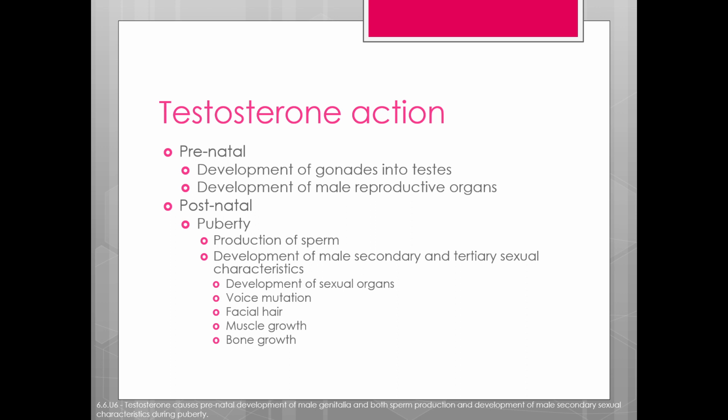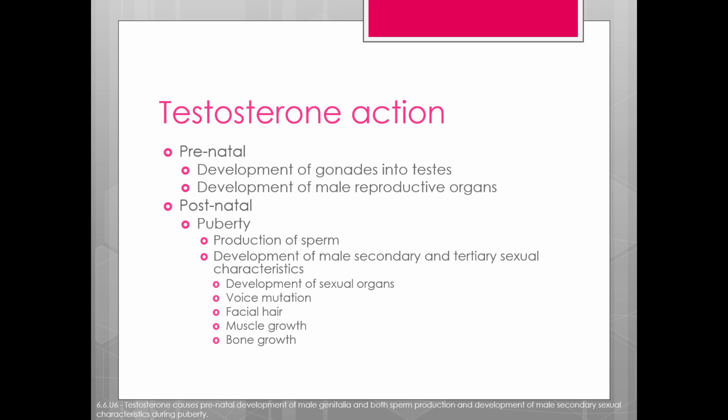But due to the effect of testosterone, they will convert into testes and work as male gonads further. At the same moment, testosterone will also control proper development of all other reproductive organs. Then, for some time, there are no more interesting things to do for testosterone, and the next moment when it becomes dreadfully important is puberty.